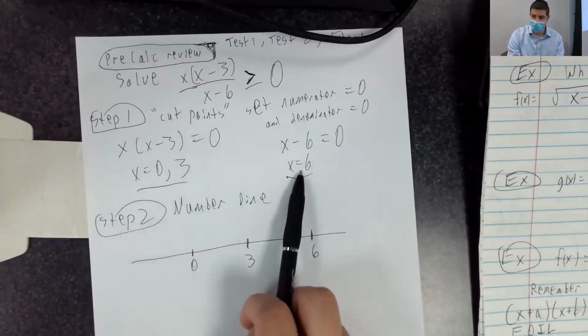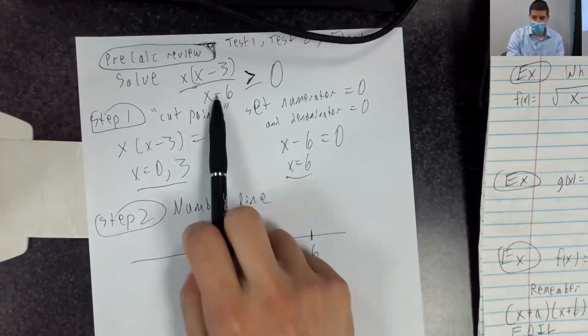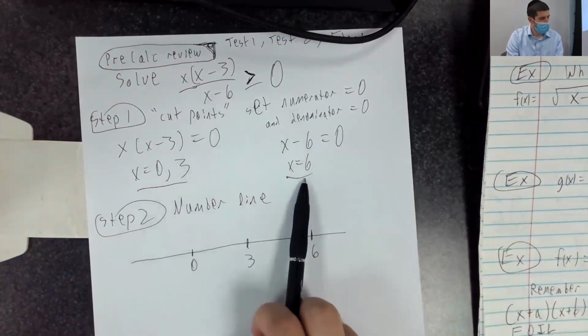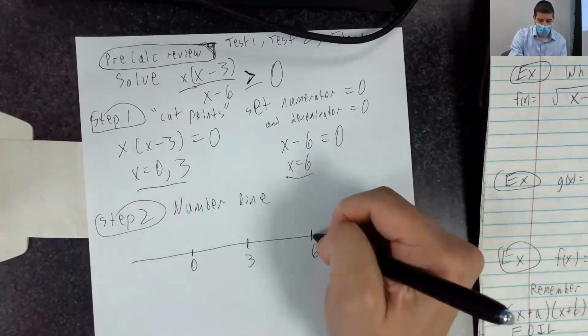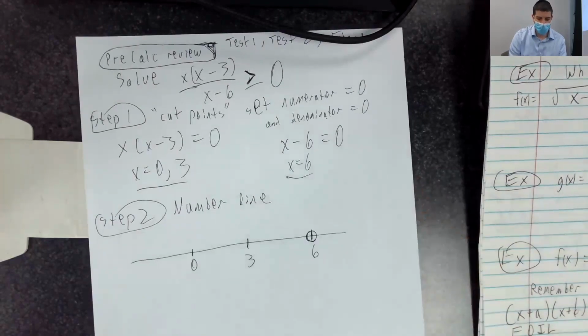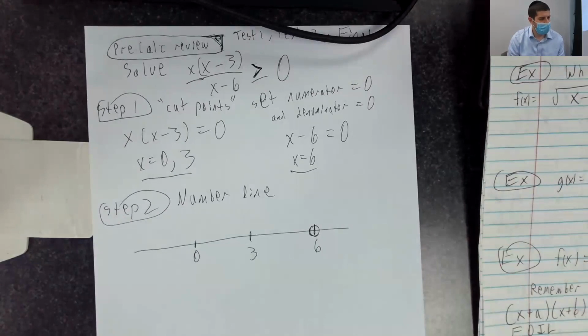Notice that the denominator is undefined at x equals 6. So put an open circle, because 6 cannot be there. It's undefined at 6. Anytime your cut point is coming from a denominator, put an open circle just to remind you that it's not going to be part of the answer. It's not going to work.